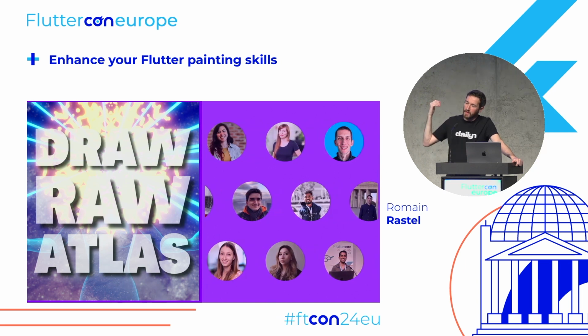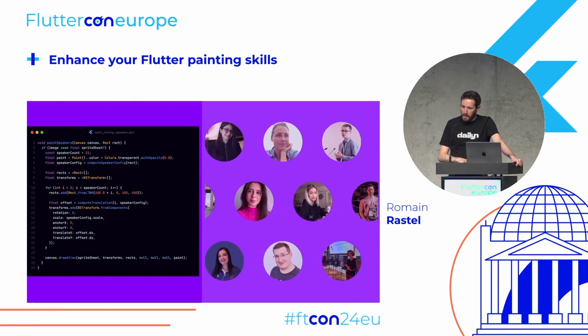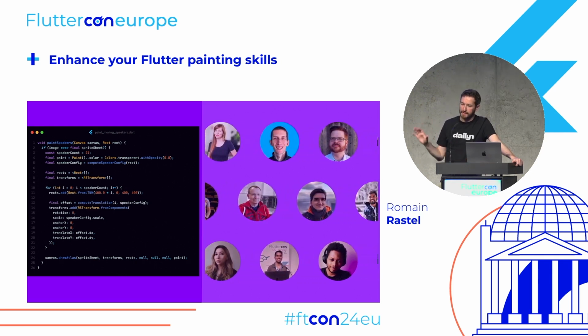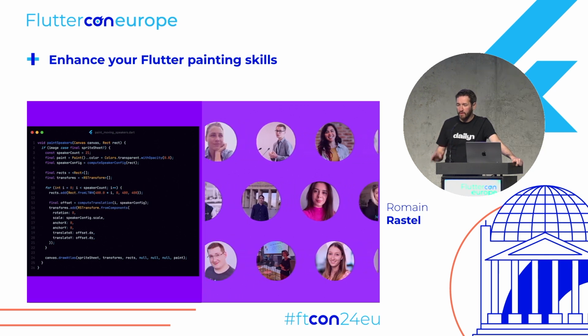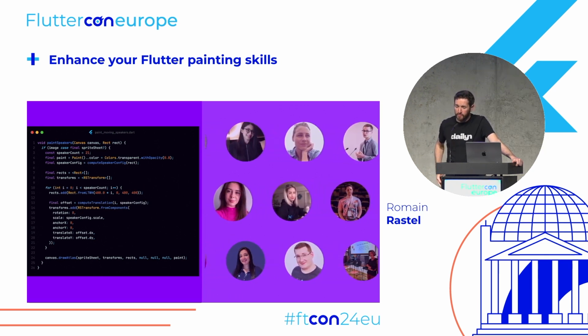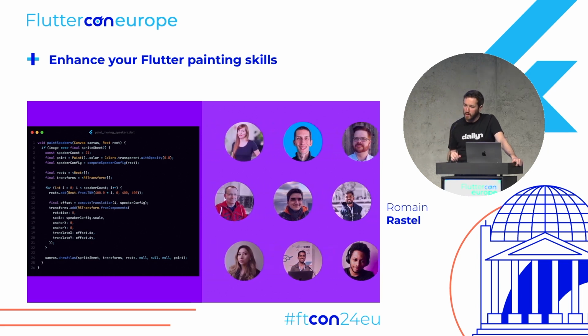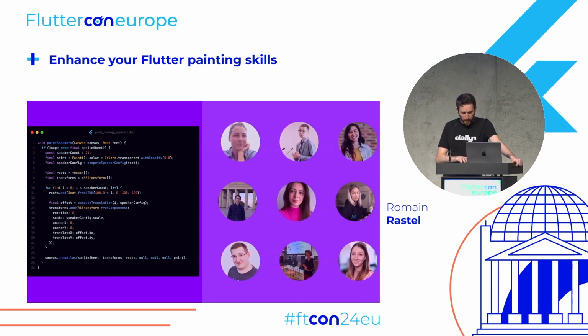Here, in my code, I only use drawAtlas. So let's look a little at the code. As you can see, we only use the drawAtlas method at line 24, so it's only one time. What we do here is provide a sprite sheet.